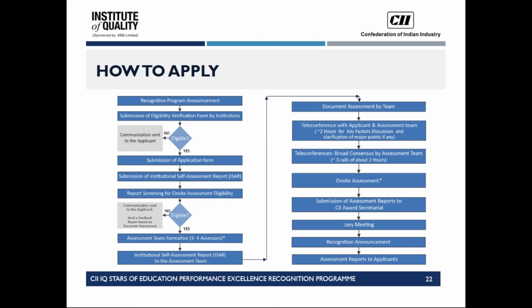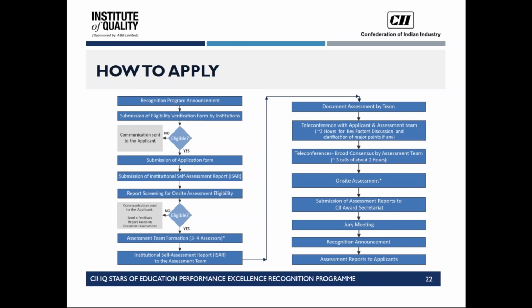So we will look through the report, and there are some guidelines on how the report should be prepared, where the report should be complete in covering all the criteria, and also in the format that is expected by the secretariat. Based on that, we will look at the report's eligibility to go forward, whether an on-site assessment must be done or not.